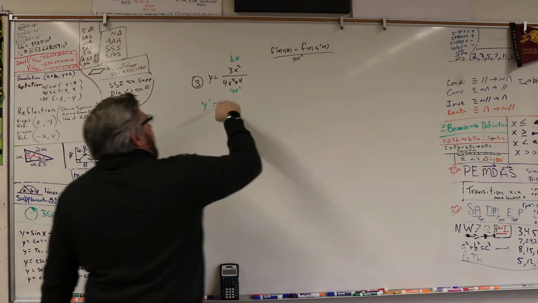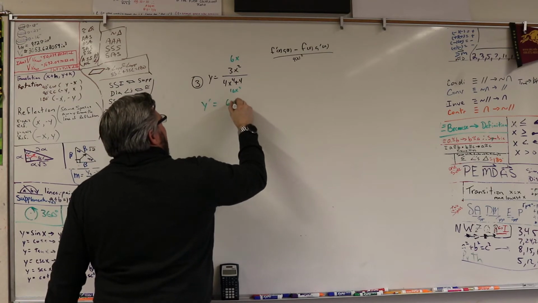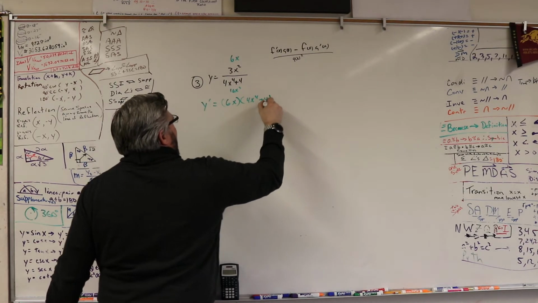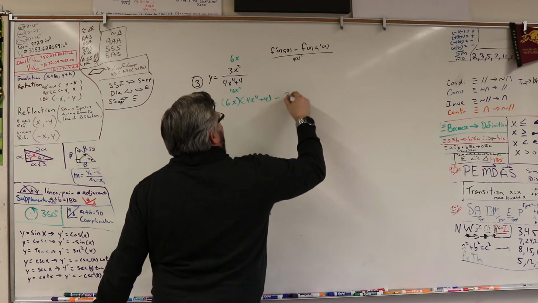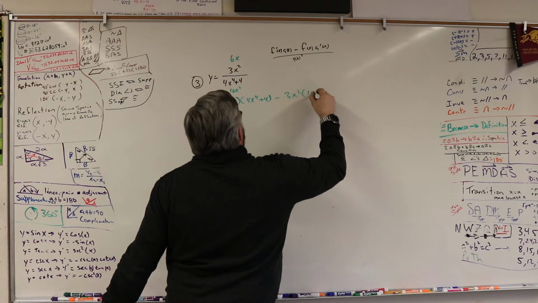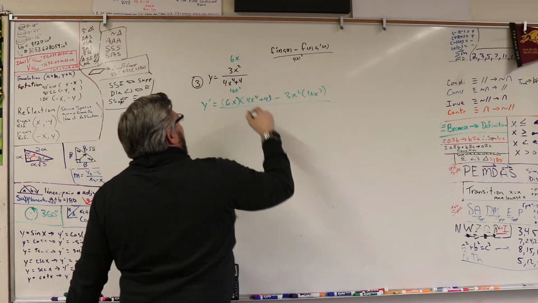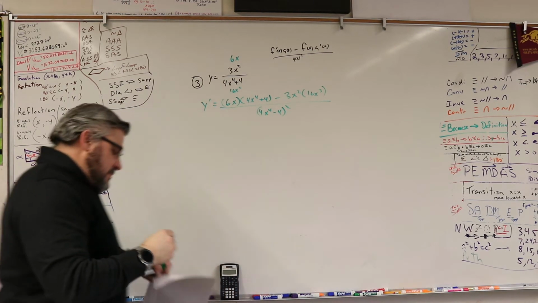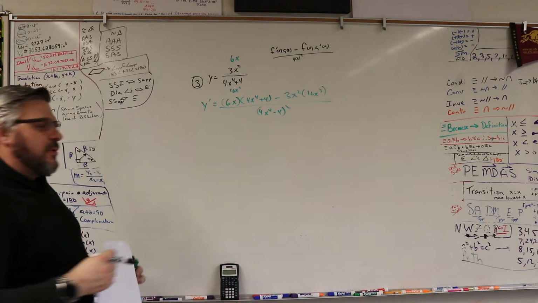So, what we have is the f prime of x would be 6x times 4x to the fourth plus 4 minus 3x squared times 16x to the third, right? All over, and then 4x to the fourth minus 4 squared. Okay? And that's how you would do your quotient formula.